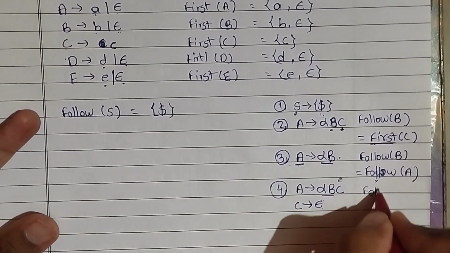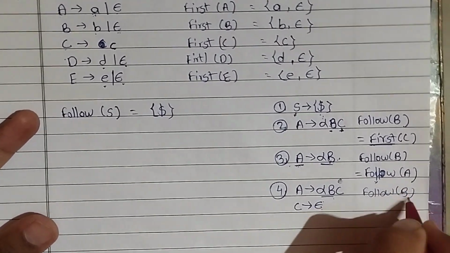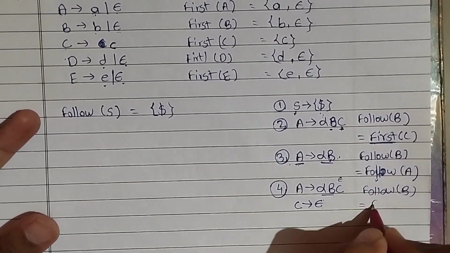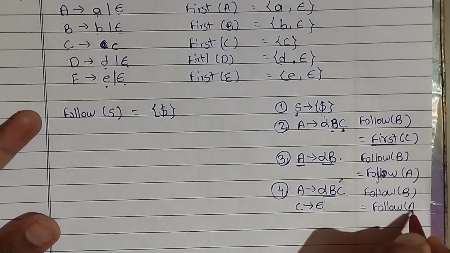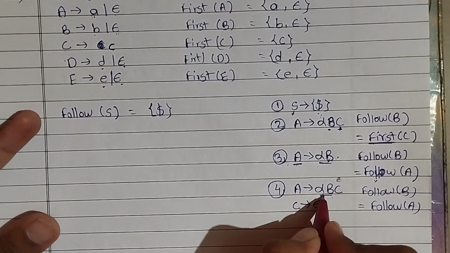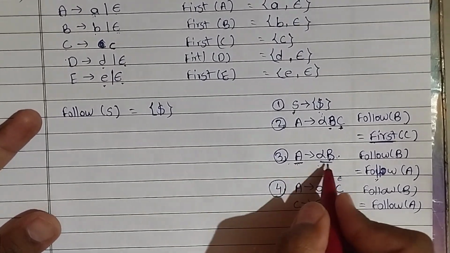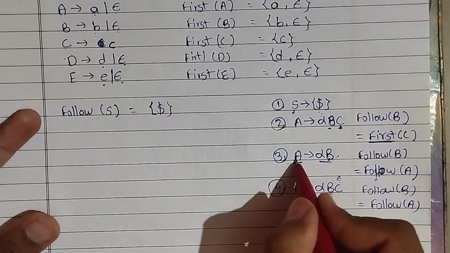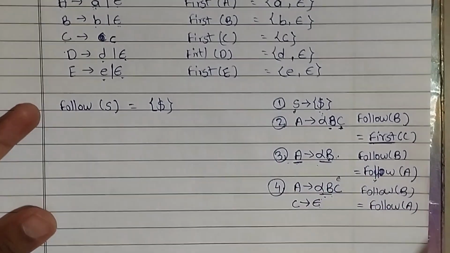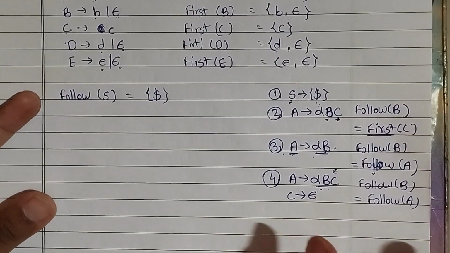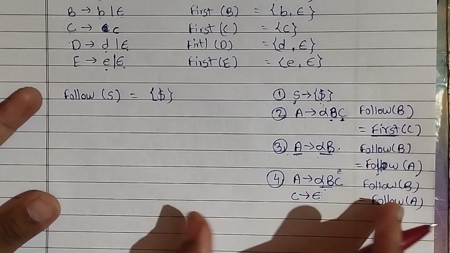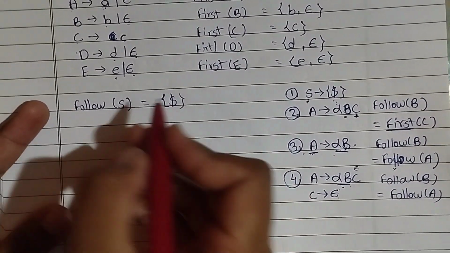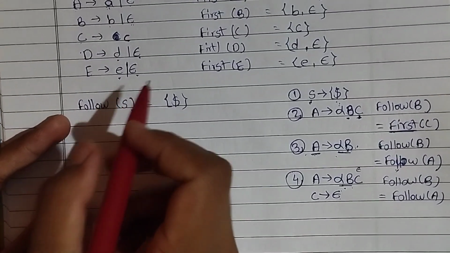If we find the follow of B now, then this is nothing but the follow of A, because we get the same condition, alpha B, and for this the rule is: find the follow of A. So keep these rules in mind when you find the follow of any grammar. So let's start now.